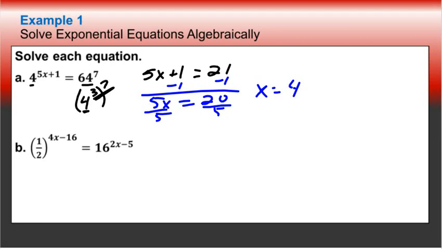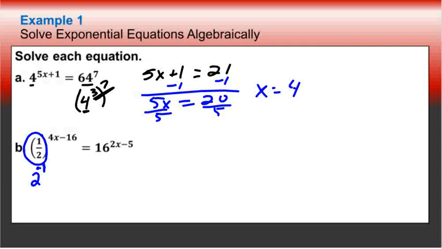Next, I have a base of half, and I have a base of 16. I'm going to change this one to a base of 2, so this would be 2 raised to the negative first power.